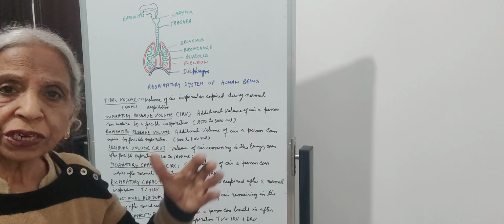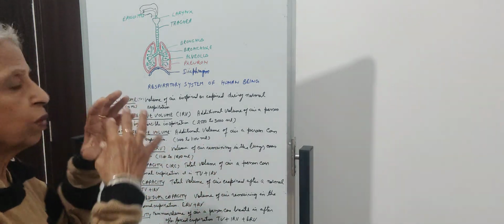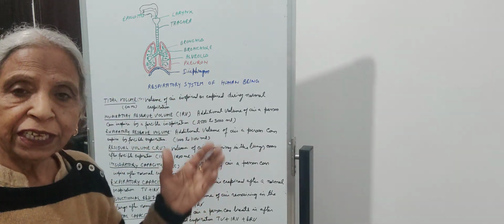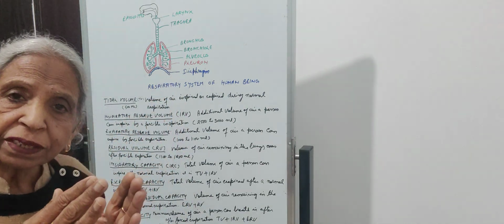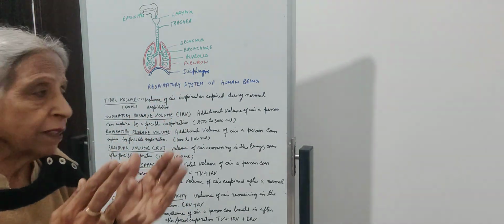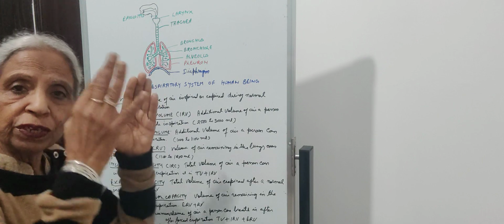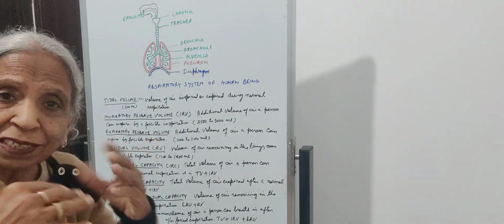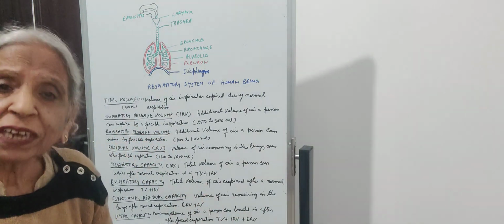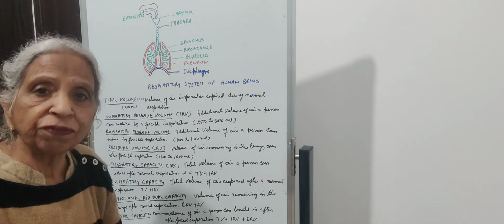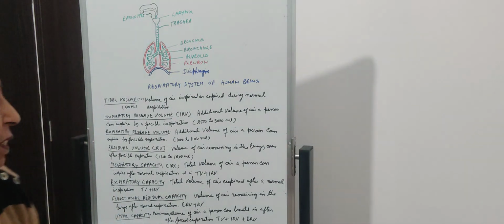If the volume of the thoracic cavity is more, the volume of the lungs will also expand. If the volume of the thoracic cavity is reduced, the volume of the lungs will also be reduced, and ultimately it will affect the pressure gradient and the concentration gradient.